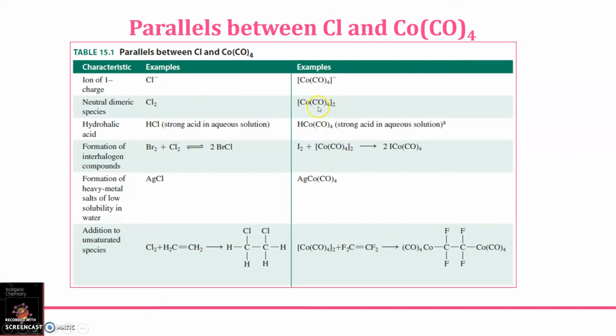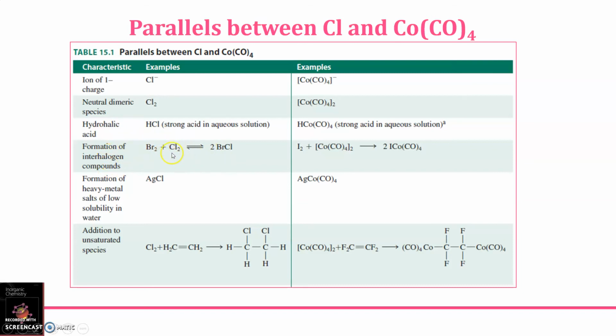Chlorine exists as a dimer, as Cl2, and cobalt carbonyl also exists as a dimer. And Cl minus exists as HCl in strong aqueous solution, and similarly Co(CO)4 minus also exists as HCo(CO)4 in strong acidic solution.